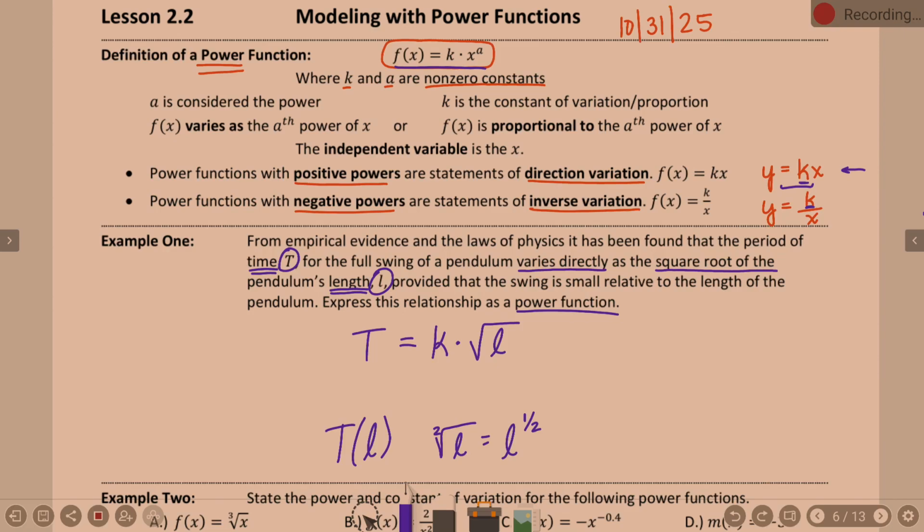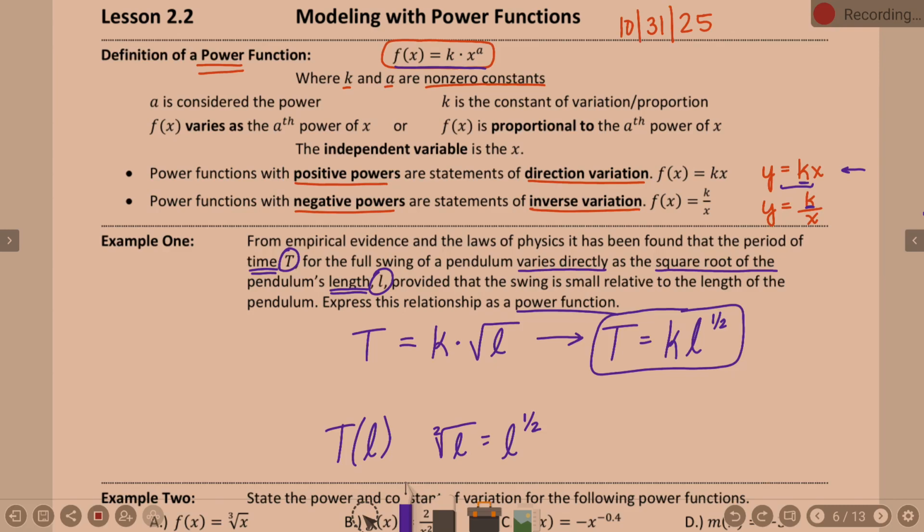Are we at x to a power now? Yes. So I would rewrite this as T equals k times L to the 1/2, where k is a constant.